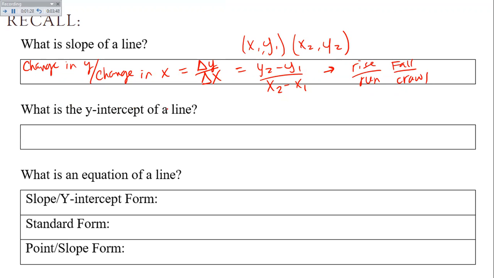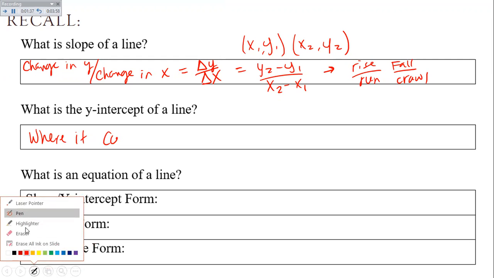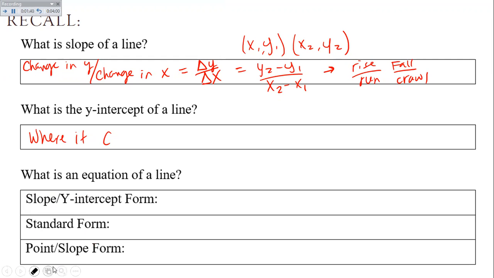Okay, what is the y-intercept of a line? Well, the y-intercept of a line is where it crosses the y-axis.